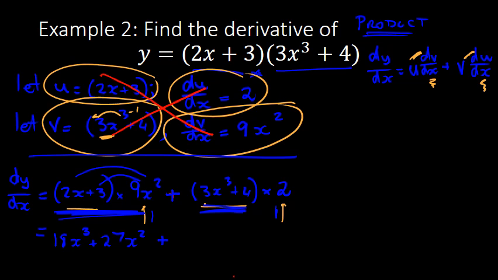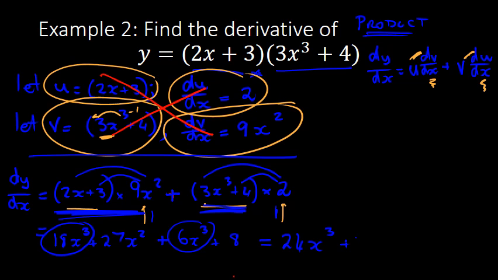Then at the tail of the expression, we're going to have 6x cubed plus 8. If we gather all that together, we're going to get 24x cubed, that is to say, using that one on that one, plus 27x squared plus 8. That's your final answer there.